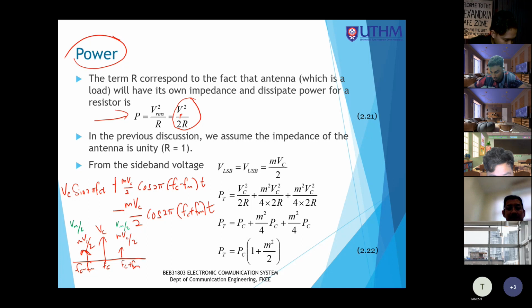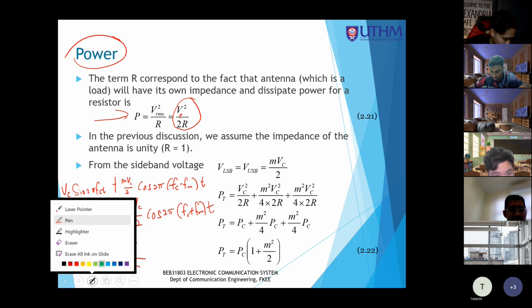Kalau kamu lihat saya ada 3 komponen of frequencies over here, lower sideband, carrier and also the upper sideband. That means my total power is the summation of all the frequency components. Kalau saya ada 100, saya kena tambah 100 komponen. Tapi saya ada 3 komponen sahaja.